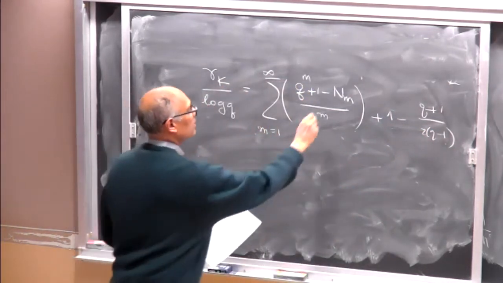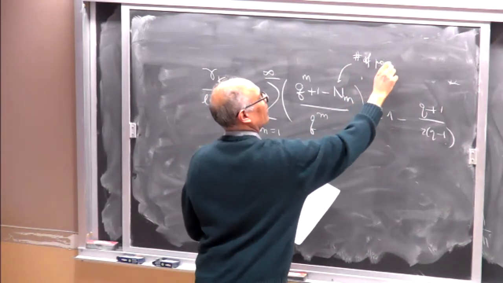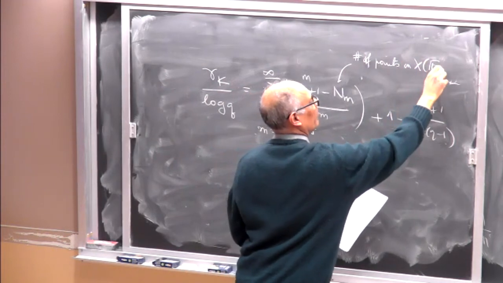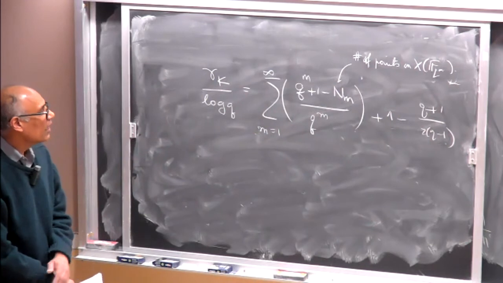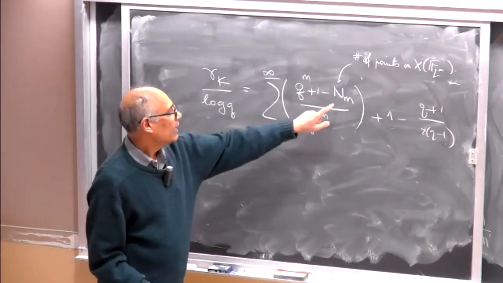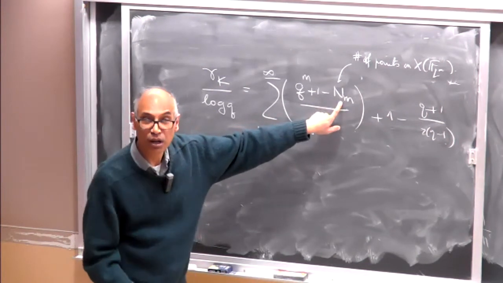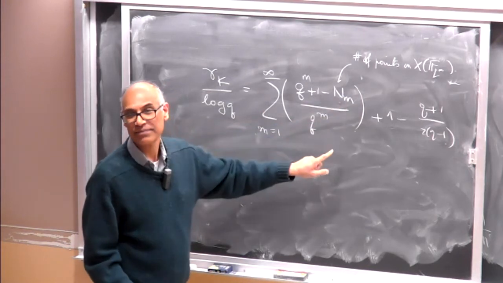n sub m is the number of points, X of f to the m. Okay, so you get a formula like that. Now all you need to look at this qualitatively is the following: if n sub m is large, especially for small values of m, this will tend to be negative.